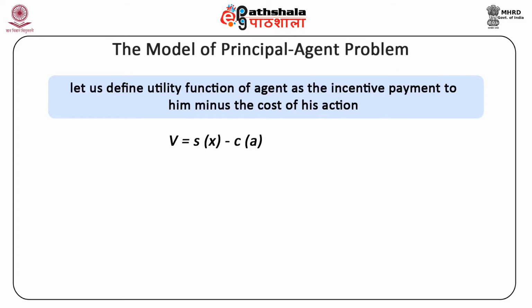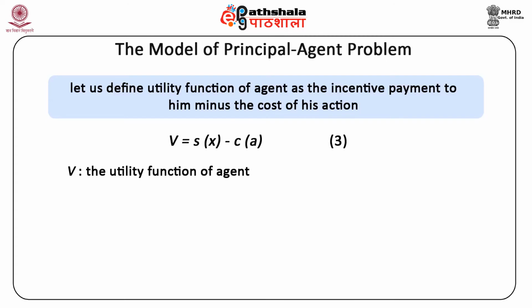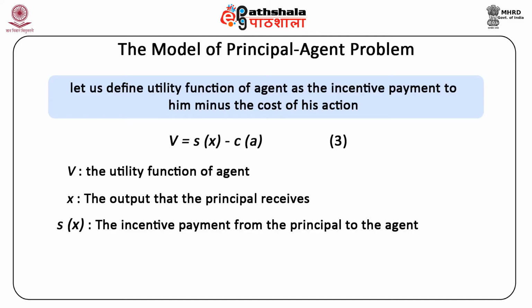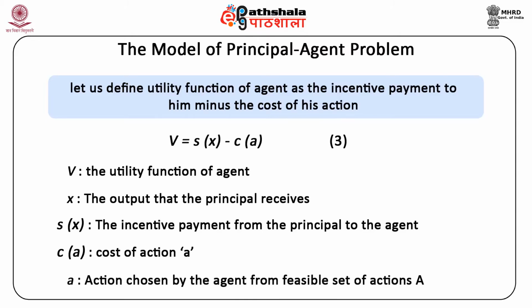This is equation 3, where V is the utility function of the agent, X is the output that the principal receives, S(X) is the incentive payment from the principal to the agent, c(A) is the cost of action A, and small a is the action chosen by the agent from the feasible set of actions A.